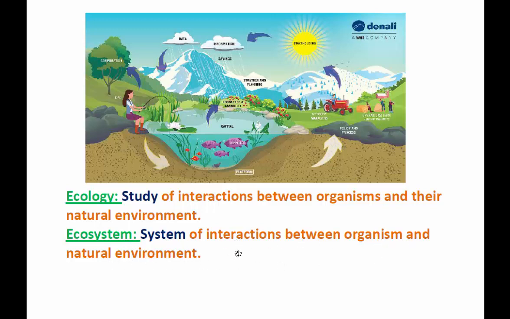So what is the difference between ecology and ecosystem? Ecology refers to the study of interactions, to the science, whereas ecosystem refers to the system itself. Okay, so these are some of the important points from natural vegetation and wildlife from lesson number 5.